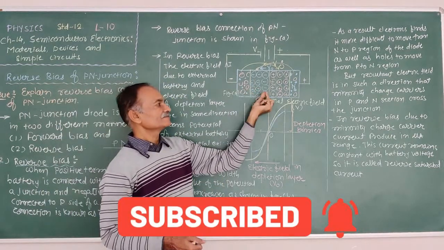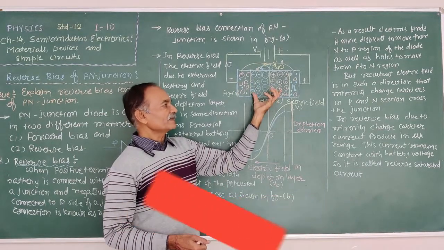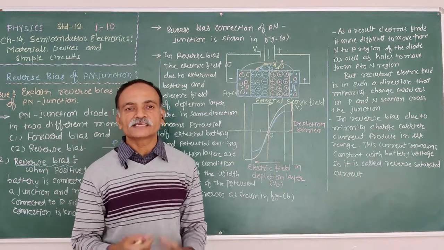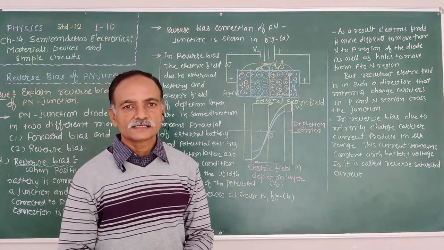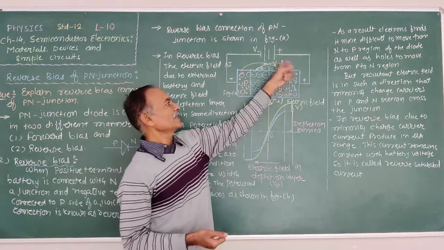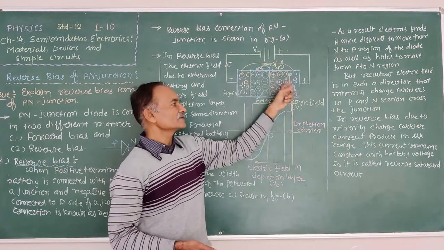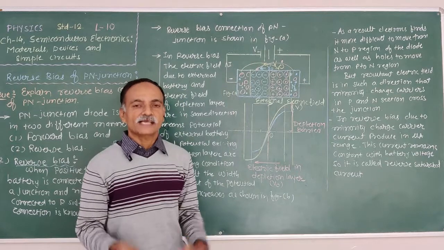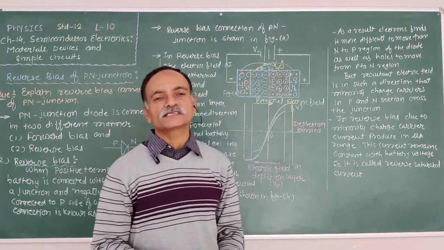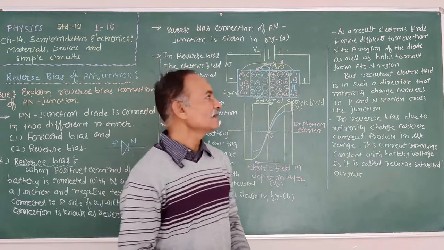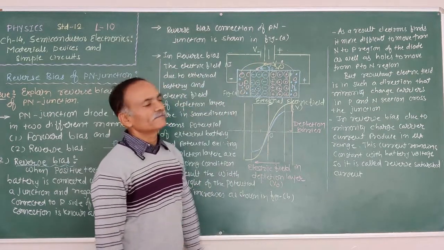As a result, the width of the depletion layer and the width of the potential barrier increase. So more and more electrons diffuse from N to P, and holes diffuse into the N region, and they are deposited near the junction. Therefore, the electric field increases under the applied external field.